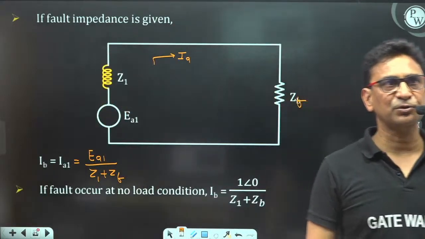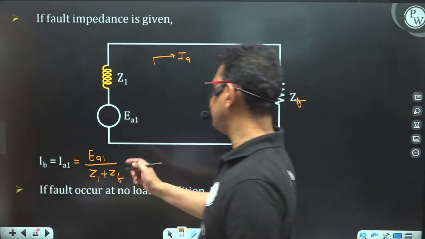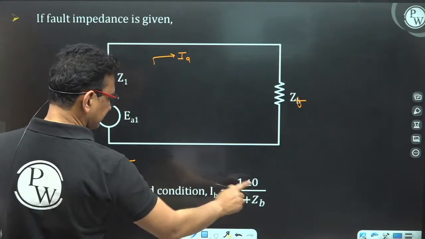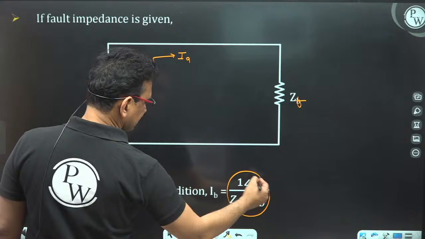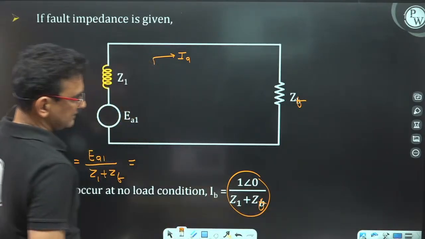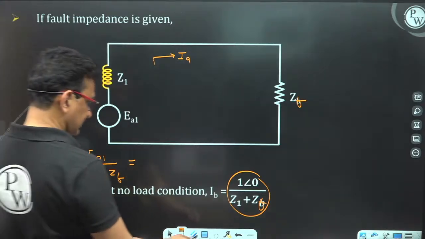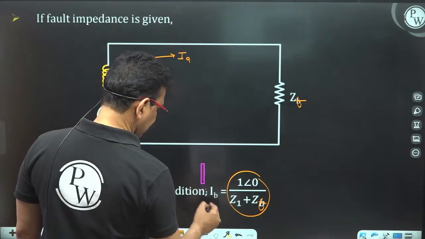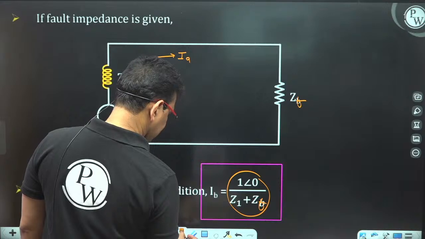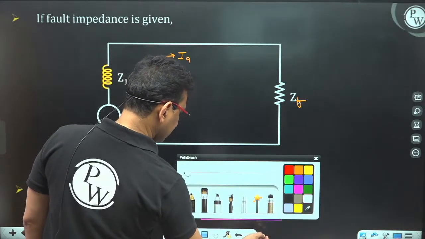If we neglect the no load current, in that case, EA1 will be equivalent to 1 angle 0 degree, divided by Z1 plus ZF. So by using this formula, we can find out the value of fault current in case of symmetrical fault.